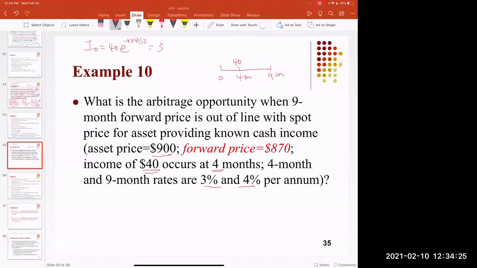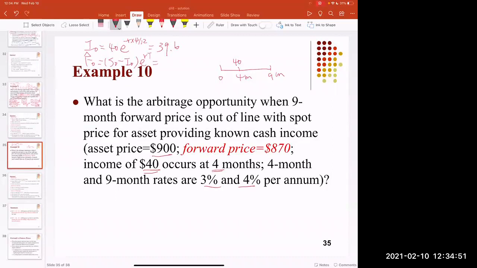It is 39.6, right? You can check the calculation we did in example 9, similar. And then we can find the estimated forward price, which is S0 minus I0, and do the compounding.